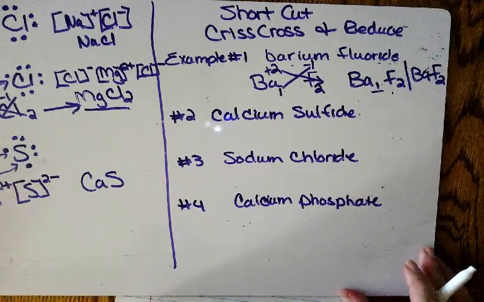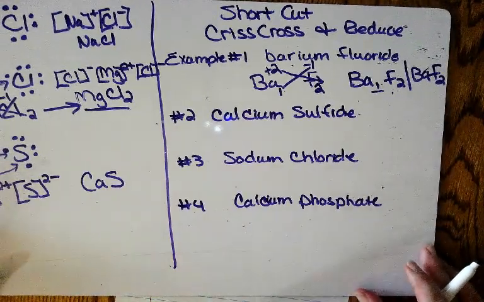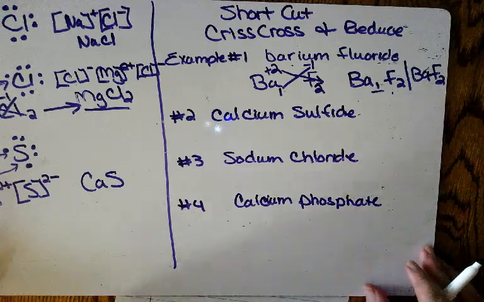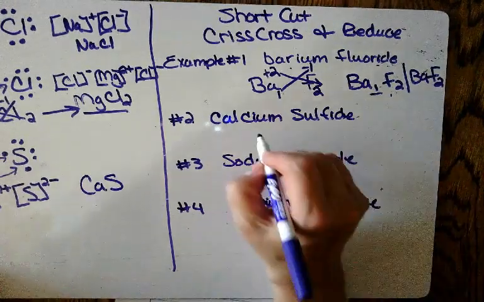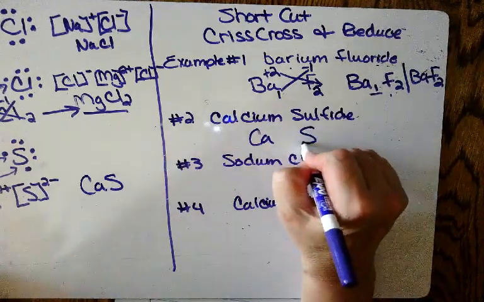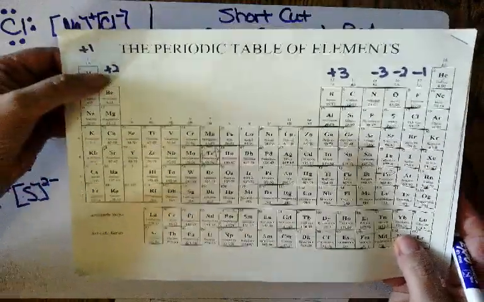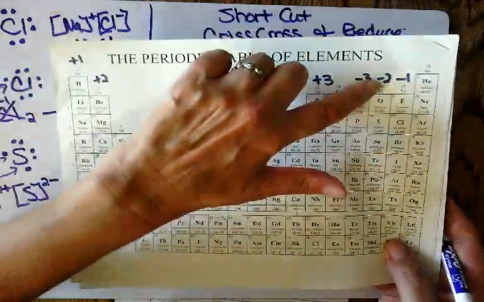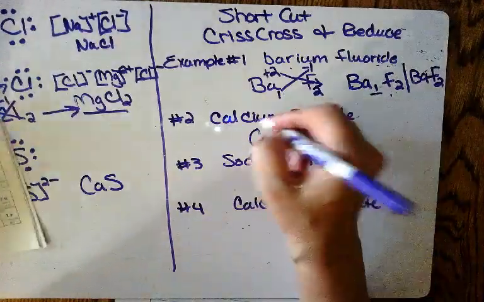Calcium sulfide. This is where the crisscross and reduce comes into play. So calcium is Ca, and sulfide is sulfur. That's an S. My calcium is a +2. My sulfur is a -2. So write that right above them.